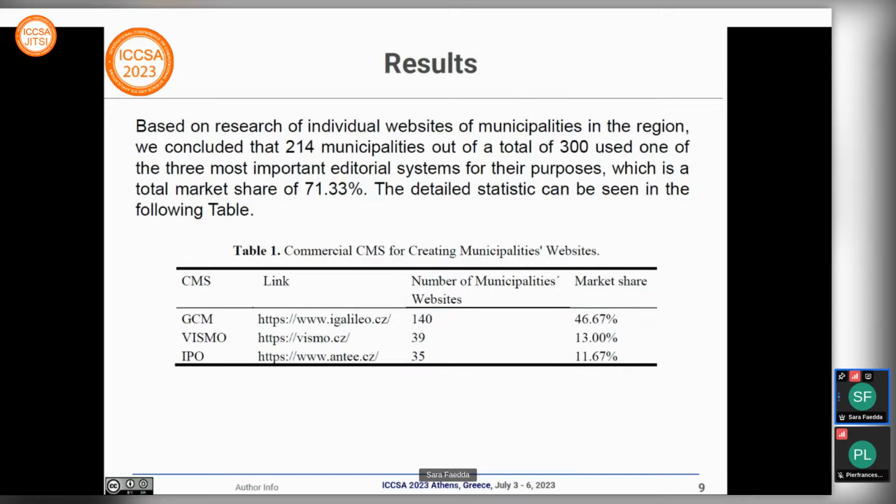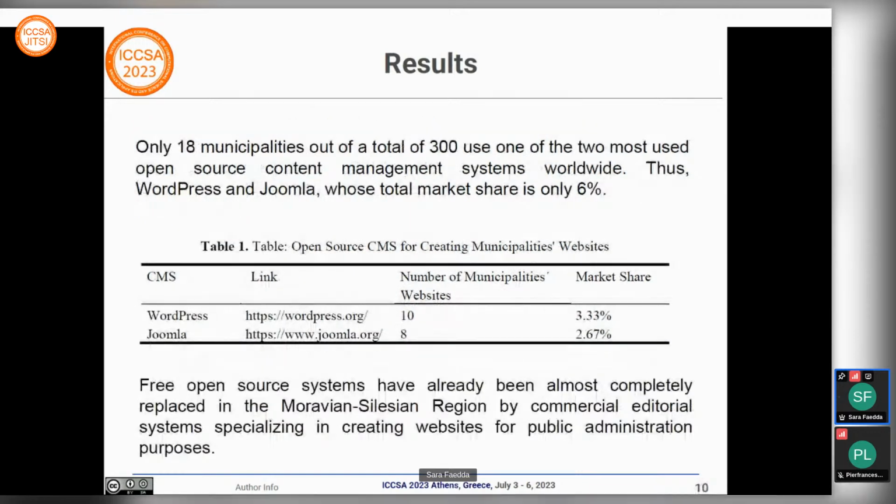Because we did another research and we found out that Galileo is very popular in Slovakia. Then the Wismo system, it is the firm Wismo, and IPO, and this is from the INT firm. So you can see the market share. So mostly half of them use this Galileo, then 13% Wismo, and mostly 12% this IPO.